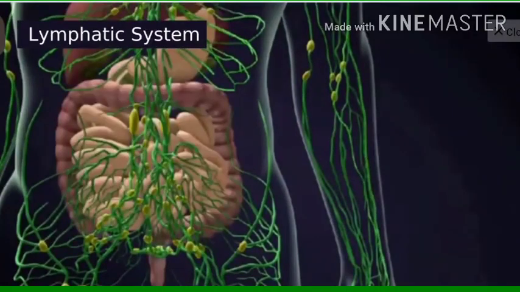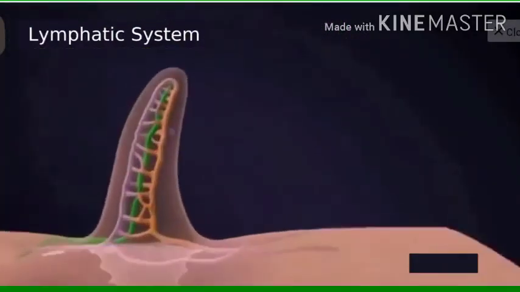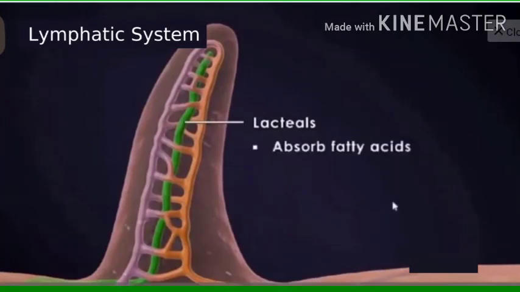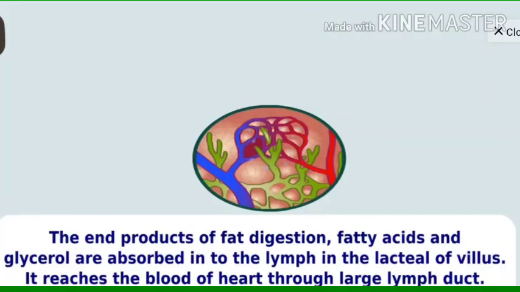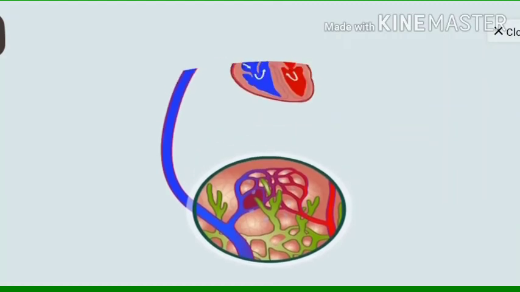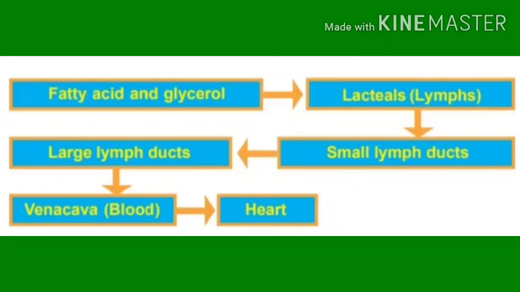Now we will see how fatty acid and glycerol that are absorbed into the lymph from the small intestine reach the cell. Fatty acid and glycerol are absorbed by the lymph vessel known as the lacteal in the small intestine. Lacteals join together to form small lymph ducts.